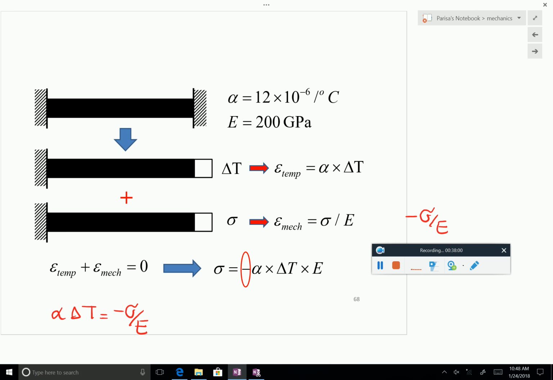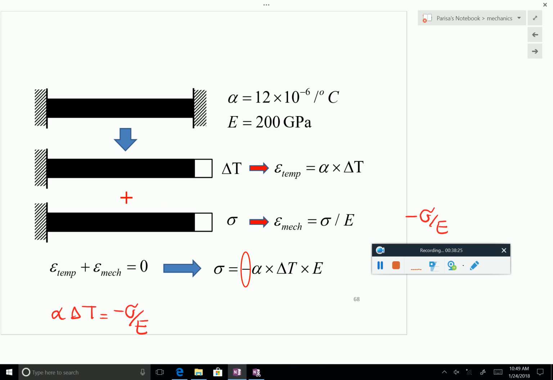But there is a wall. So imagine you increase the temperature and this bar wants to expand, but it doesn't have a place. So there will be some stress inside because the wall is pushing it back. The way we calculate it is we say, okay, first I take the wall off.